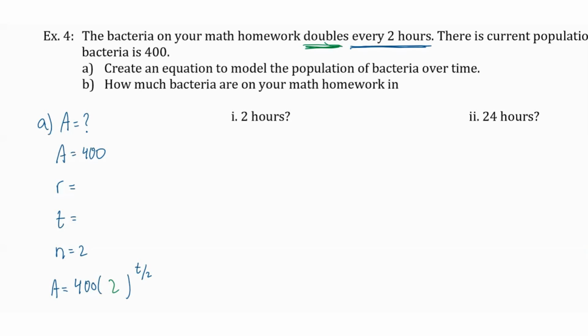But what it's saying is you have 100% growth rate. It's doubling. It's growing by 100%. So if you were to figure out the rate, it'd be 100 over 100, which is 1, and it'd be like 1 plus 1, so it'd be 2. Okay? But for these ones, you can just leave R blank, and you can put a 2 in there, or if you want, you can say it's 100% growth.